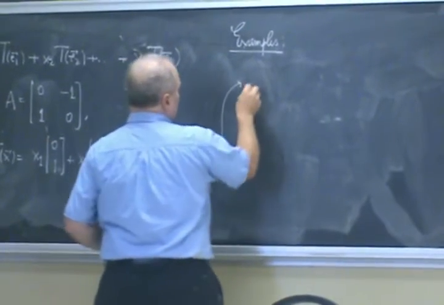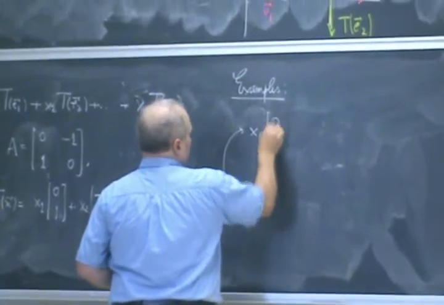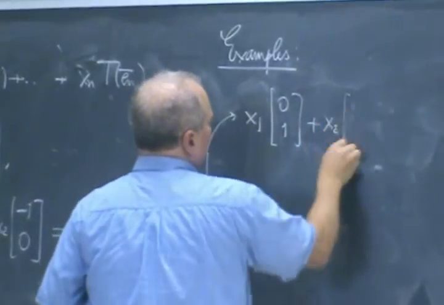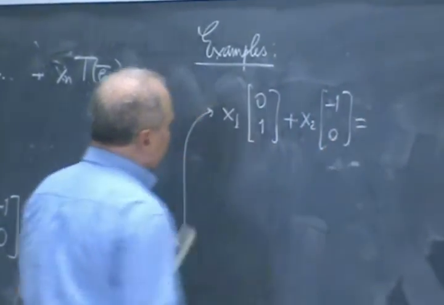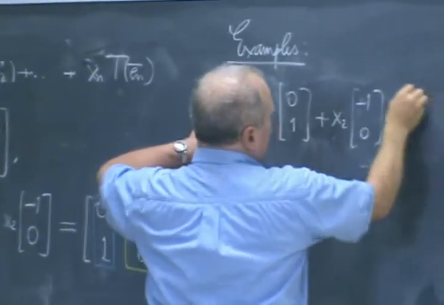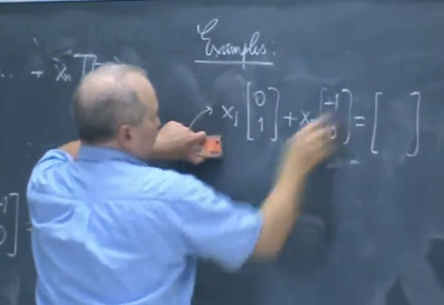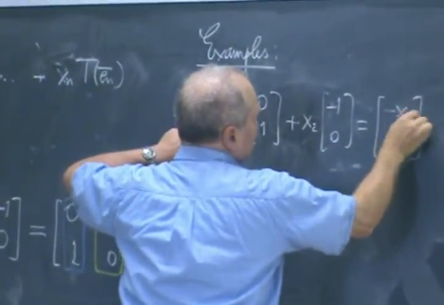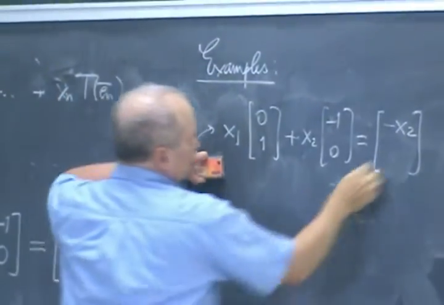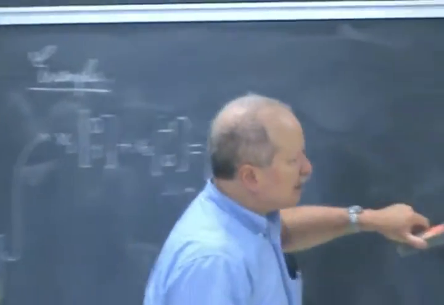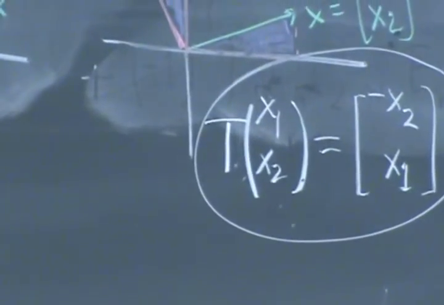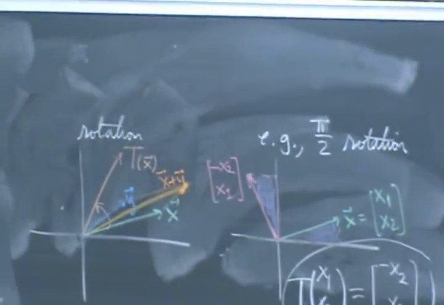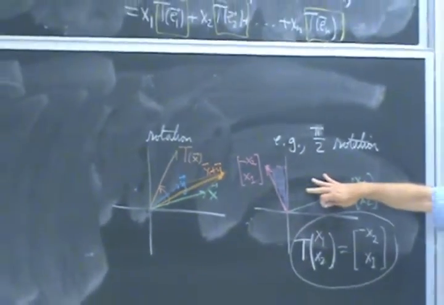So the formula, if I do this, gives me what? How many in the first slot? -8. And how many in the second slot? So that is the formula we had over here for the rotation. So first of all, you should believe that that's consistent with what we figured out from the picture.